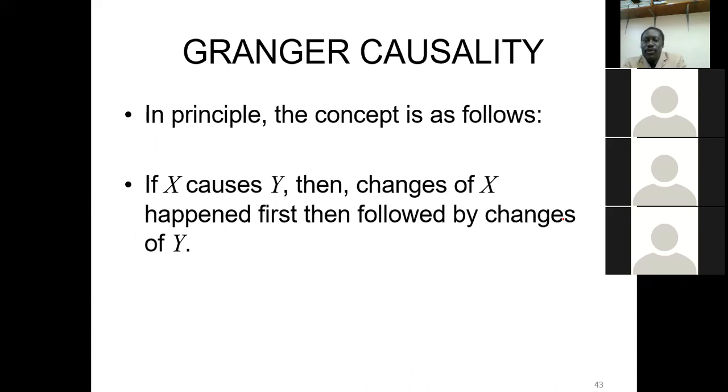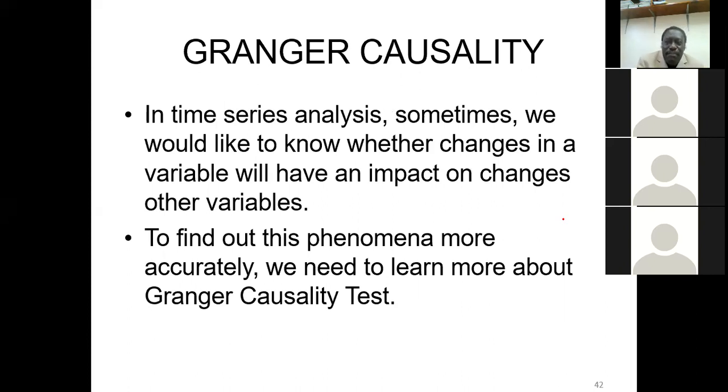So you need to know what Granger causality is and how it can help you determine the impact of the variables in that project, because every project has variables. We are very interested in getting those variables and determining the causality.